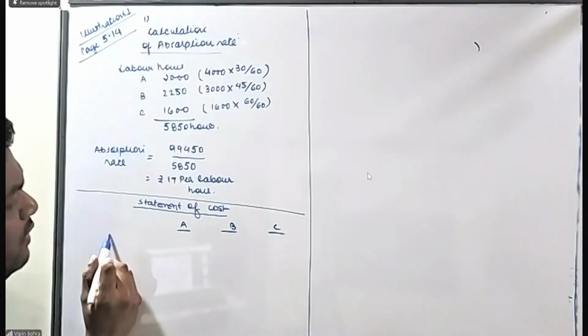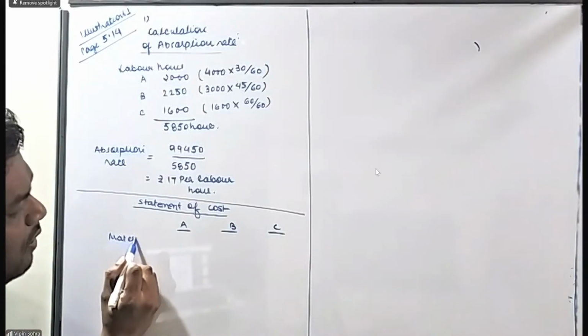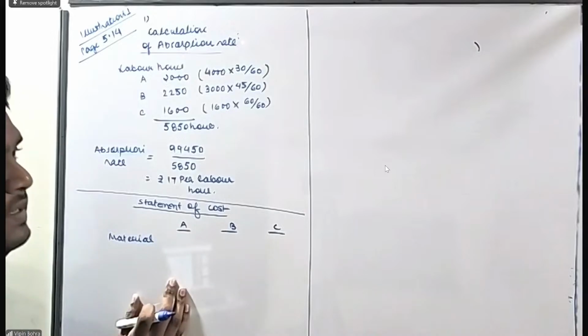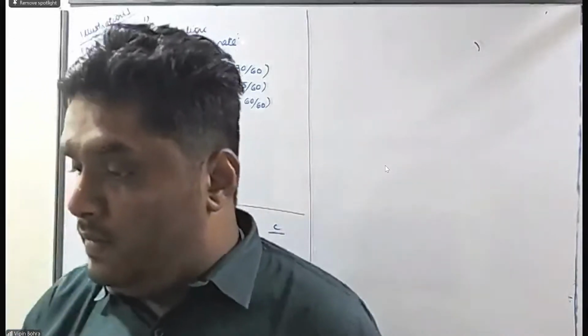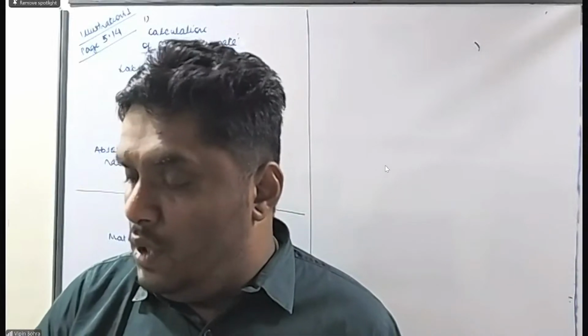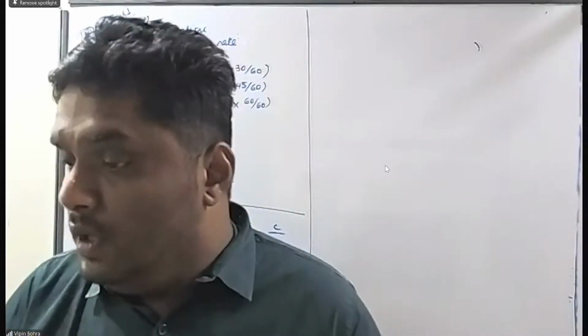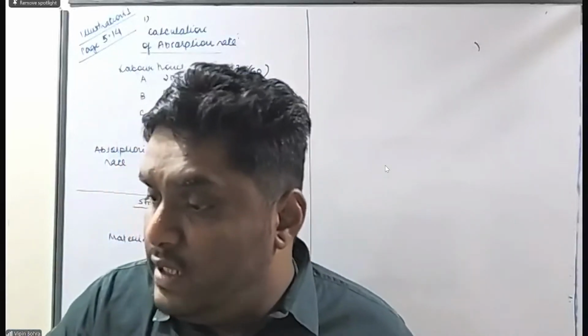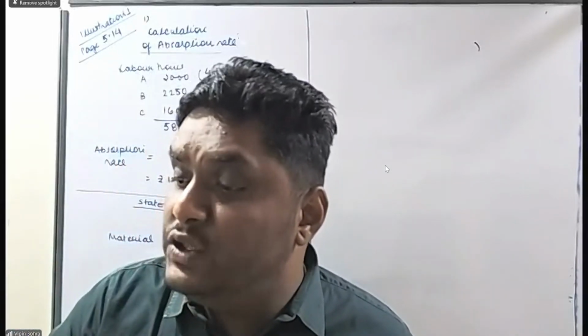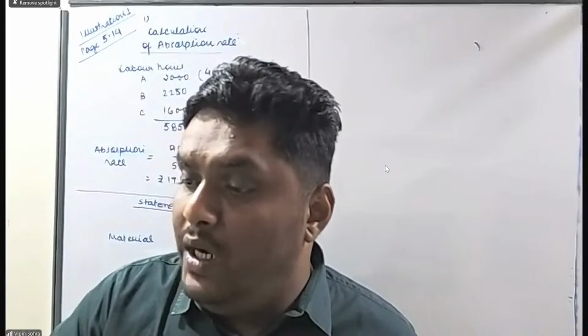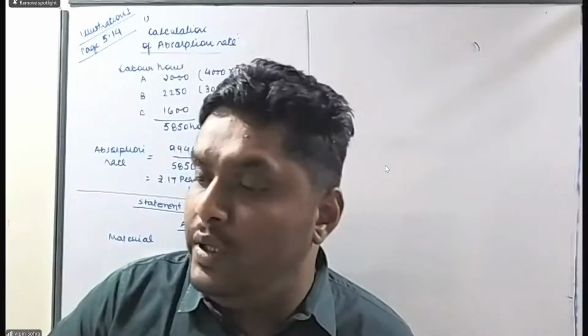Now, when talking about the material cost, it is given that the budgeted material cost is rupees 2 per kg. And the quantity is also given, that is 4 kgs, 6 kgs, and 3 kgs.